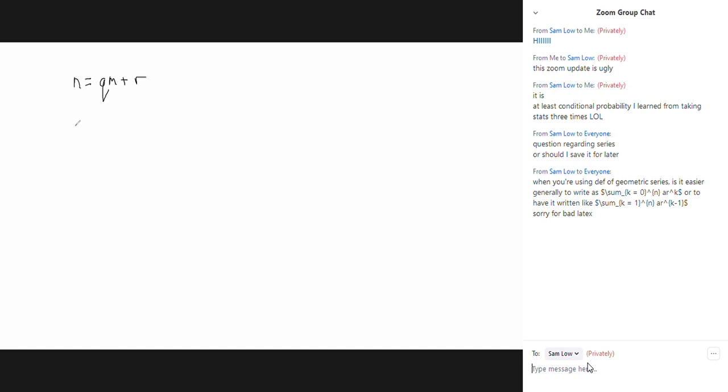Okay, so n div m wanted this quotient value, and n mod m wanted the remainder. So these were two expressions to pull out these values from the division algorithm form of n. Okay. So this one we don't use so much, but this one's important. This one we use a lot.